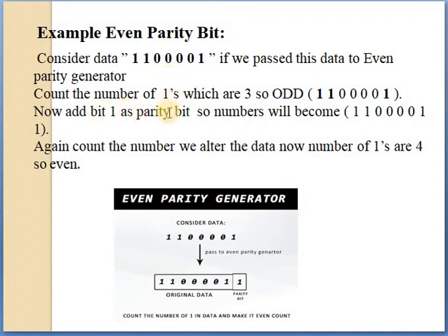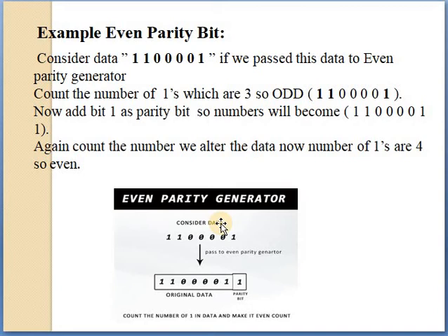Here it appended 1 to the data unit, so the count becomes 4. That is 11000011. Again count the ones: now the number of ones is 4, which is an even number. This is called the even parity bit.